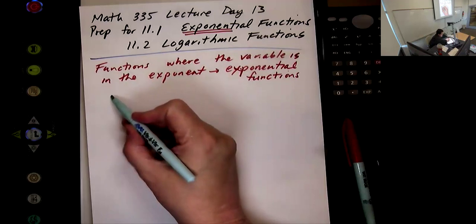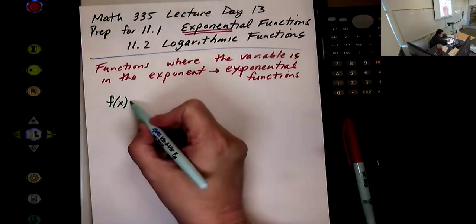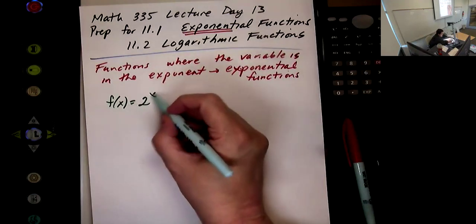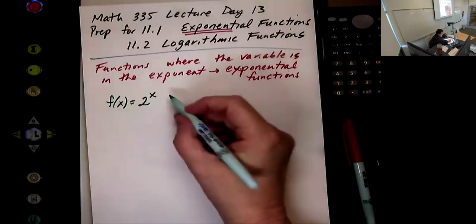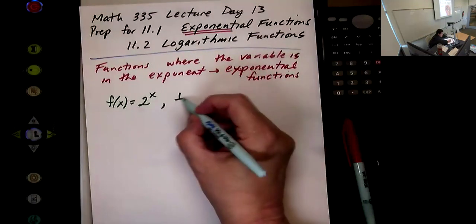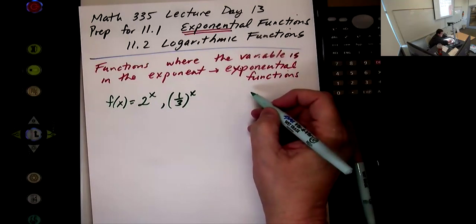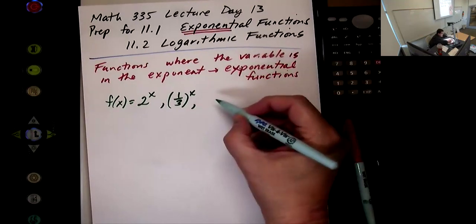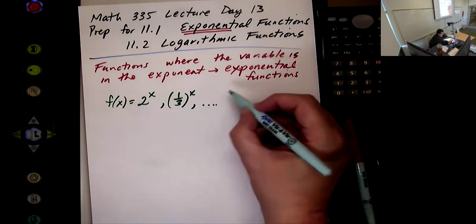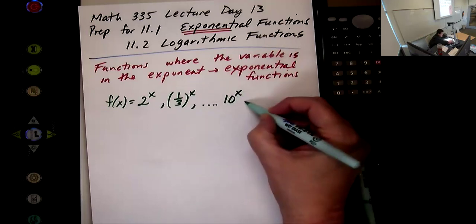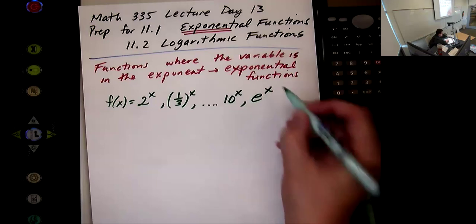So we can have stuff like f of x equals 2 to the x, 1/3 to the x. Probably the two most common ones are 10 to the x and e to the x.